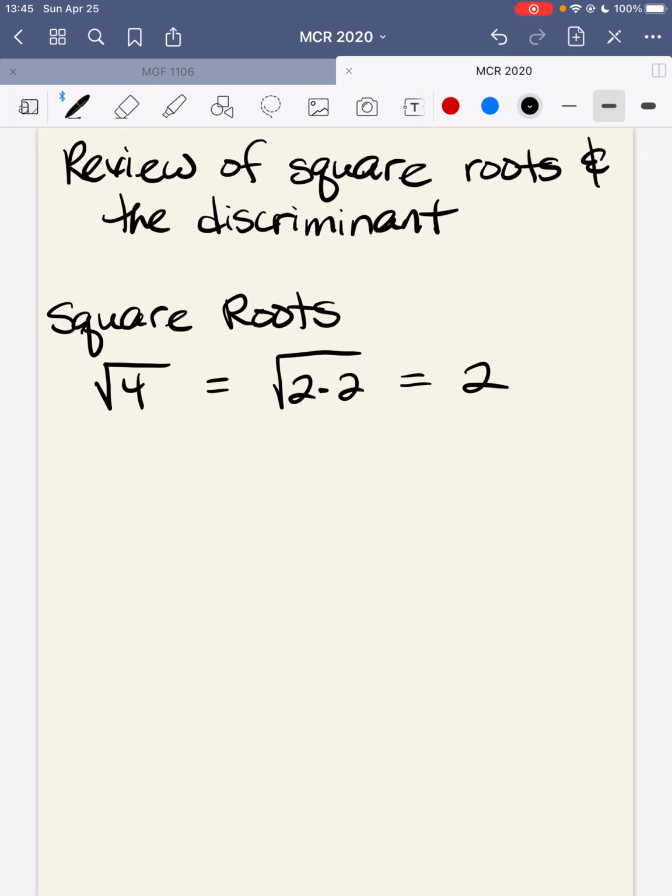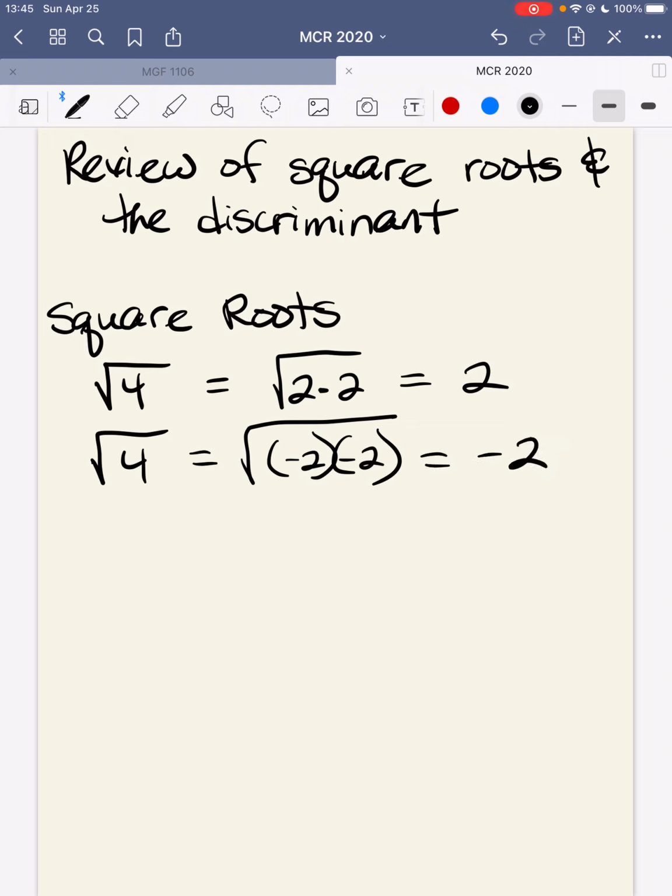In the case of 4, I could also say the square root of 4 is equal to multiplying two negatives together, which also gives me negative 2. So the square root of 4 can be both positive 2 and negative 2, because a negative times a negative gives me a positive under the radical.